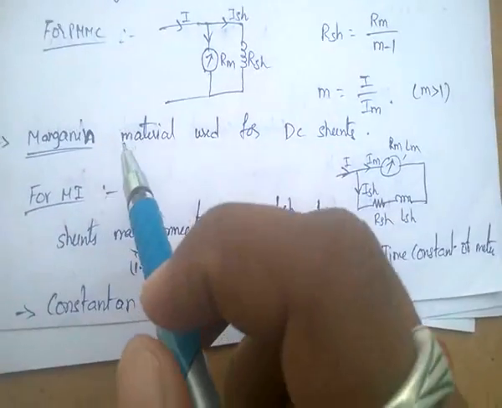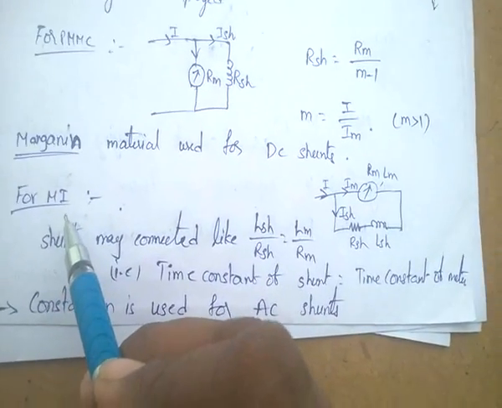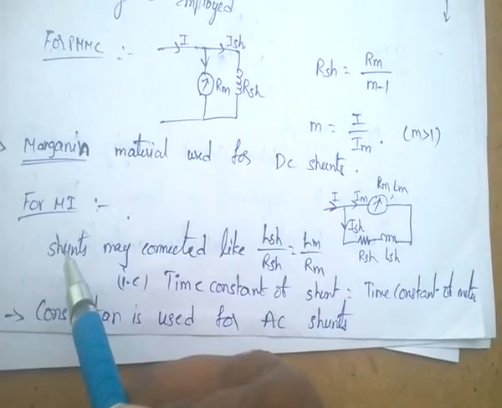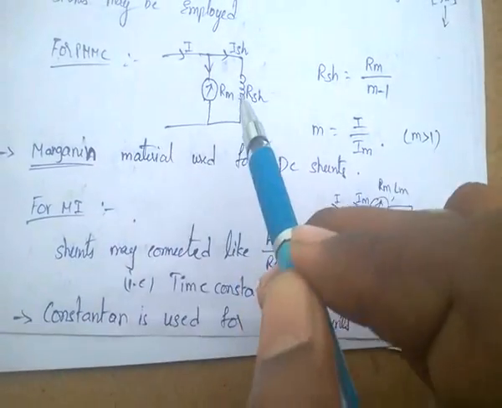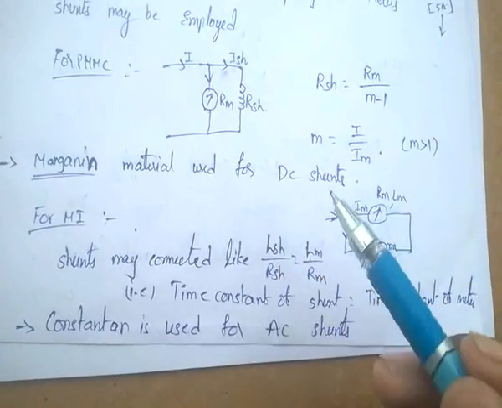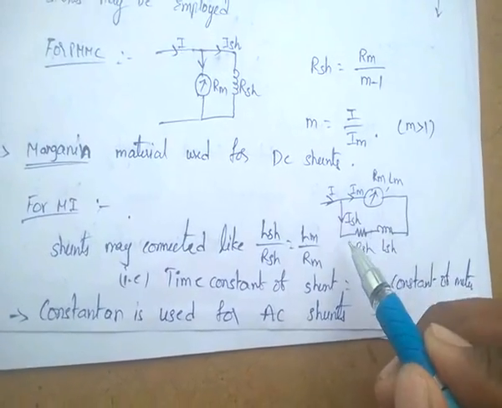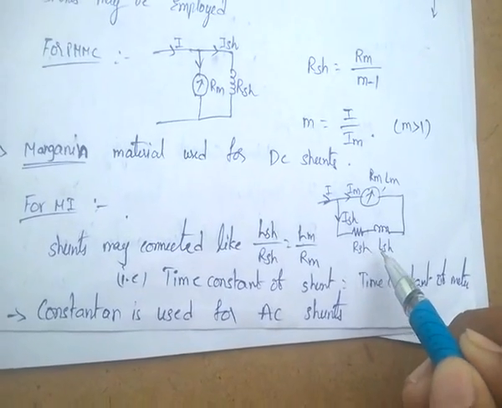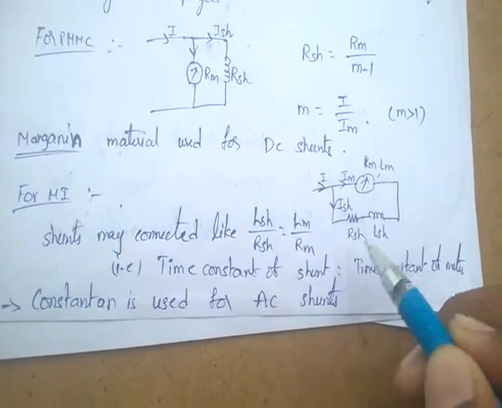That's why this material is used. For MI type, shunts may be connected like that. The plain resistive shunt is only for DC PMMC. In case of MI type, it can be applicable for both AC and DC. In this way we connect RSH plus LSH, that means an impedance value. We connect it like that.